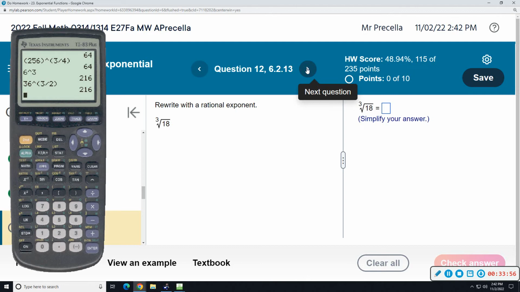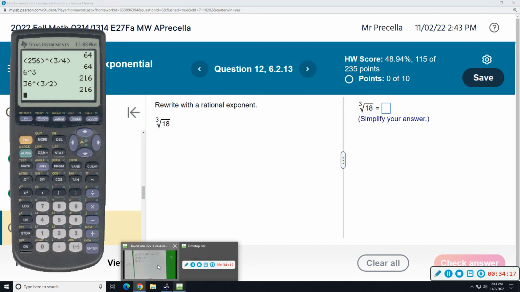Here's another one. They want us to write it with a rational exponent. In this case, let me write the problem down. It's the cube root of 18. The cube root of 18.